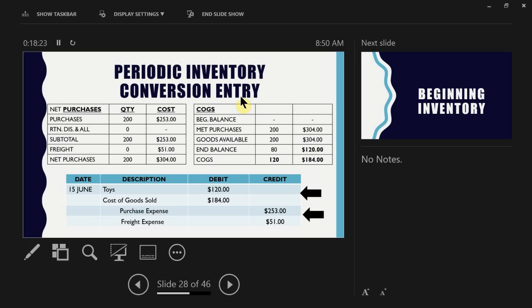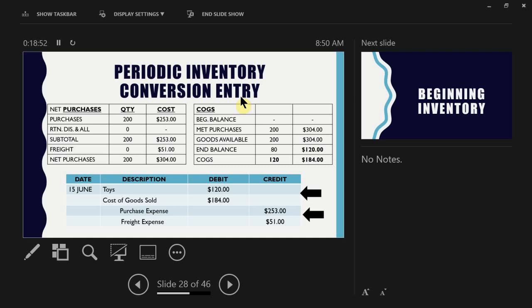The ending inventory will always be what you plug in as inventory. One thing I forgot to mention is that when you transfer from purchase expense to an inventory item, you don't shove everything into inventory. You have to break it down by the specific kind of inventory item.